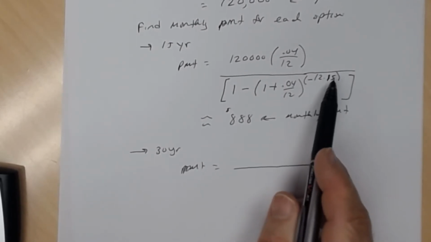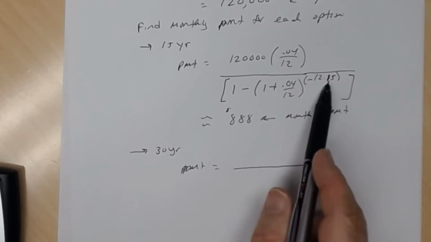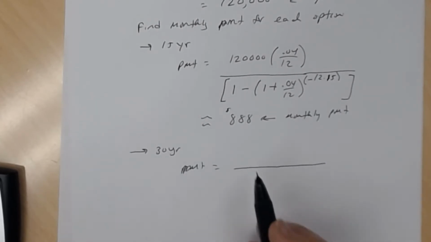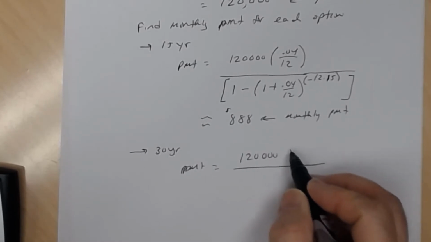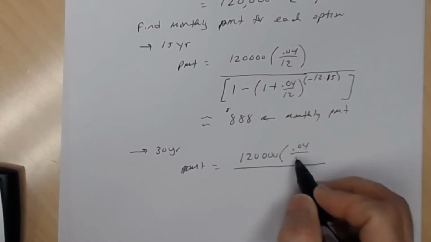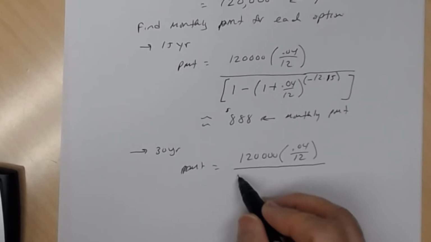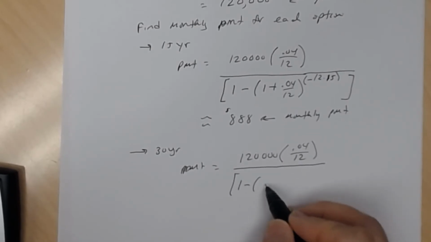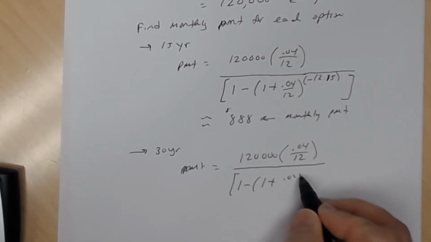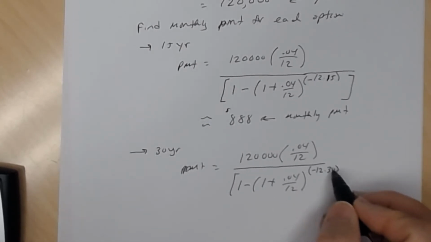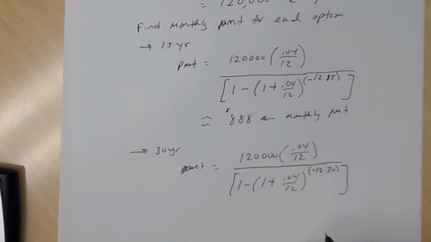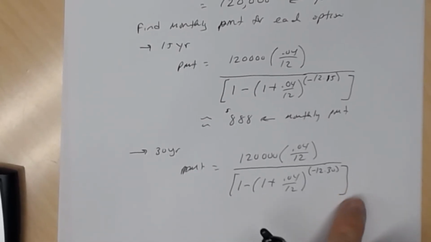This right here. Instead of 15 years, it's 30 years. So we're going to get 120,000 times 0.04 divided by 12, bracket 1 minus, parentheses 1 plus 0.04 divided by 12, and the exponent is going to be in parentheses negative 12 times 30. Then make sure you close it, because you're going to forget to put it in your calculator.